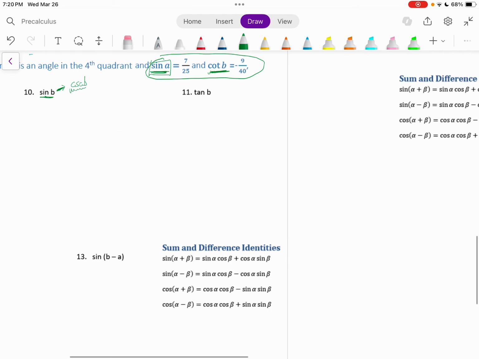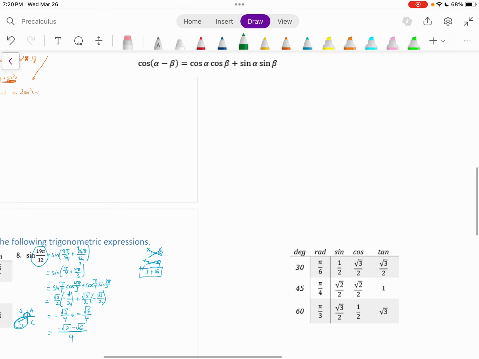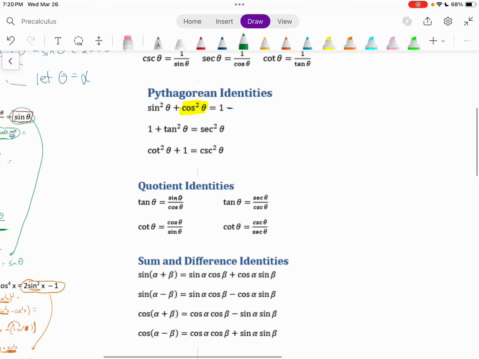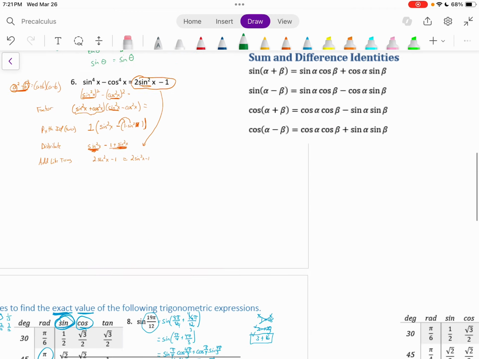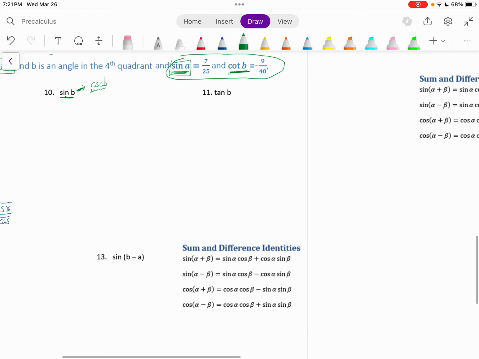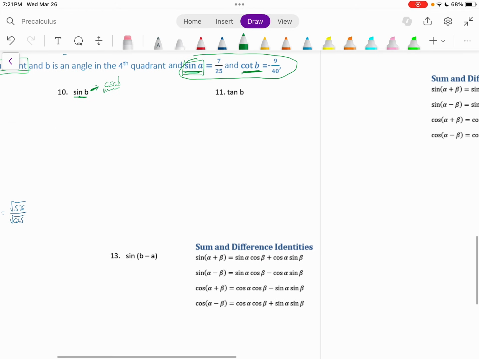And I don't have them. Let's see if we can scroll to it so you can see it. There's a Pythagorean identity: cotangent squared plus 1 equals cosecant squared. Sorry about that scrolling around. But we know that cotangent squared plus 1 is equal to cosecant squared.